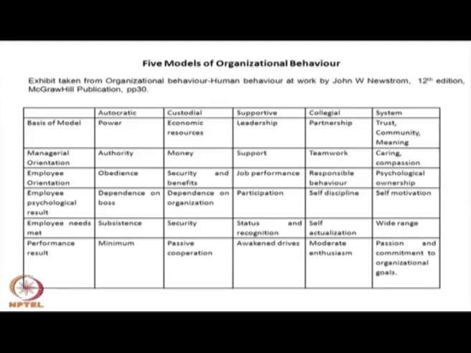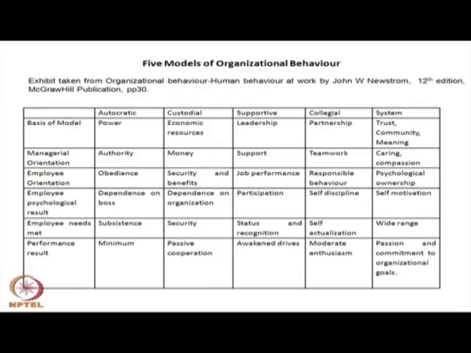The basis of the autocratic model is power. Managerial orientation of this model is authority. Employee orientation: it is expected that the employee will obey the order given by the managers. Employee psychological result is dependence on the boss.